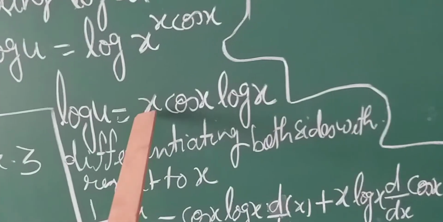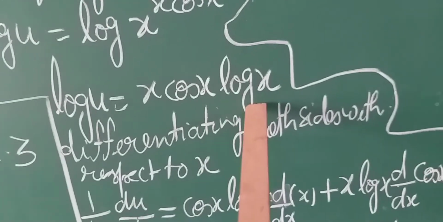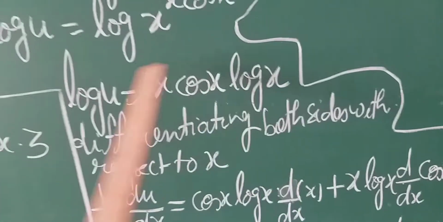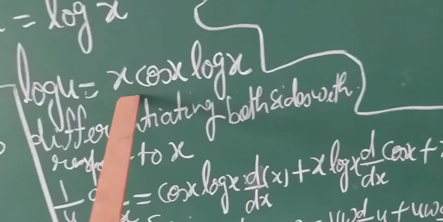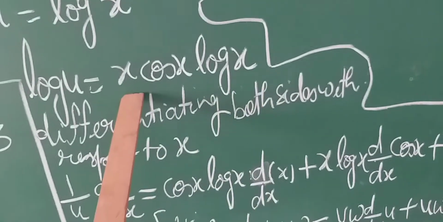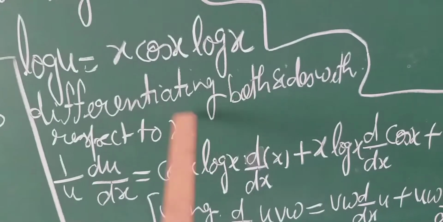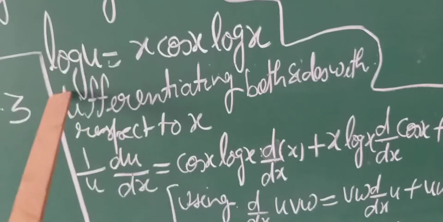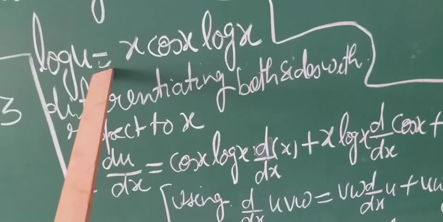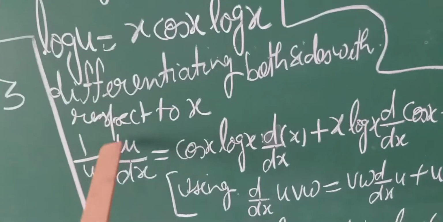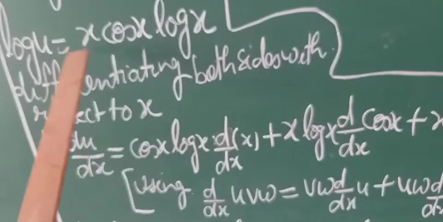Now students, there are three terms: first x, second cos x, third log x. We have already used log here. Now we are going to use the product rule for three terms. So differentiating both sides with respect to x, log u differentiation is 1 upon u, and u's differentiation with respect to x cannot be obtained, so we write it as du upon dx equals, now here three parts.